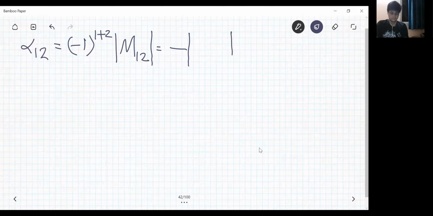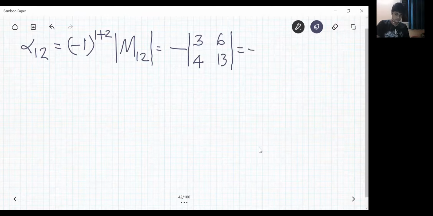Now this M12 is leaving the first row, second column. Whatever we get, that is the minor of the second element. That is 3, 6, 4, 13. So this is minus into 39 minus 24. That becomes minus 15.